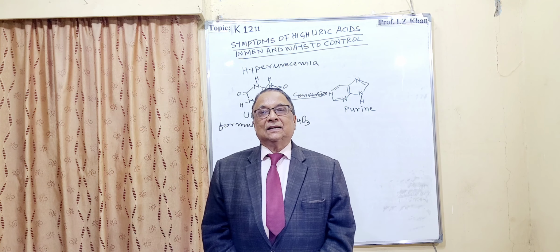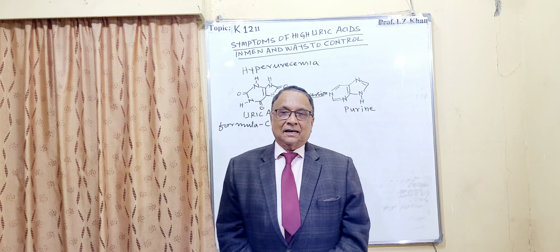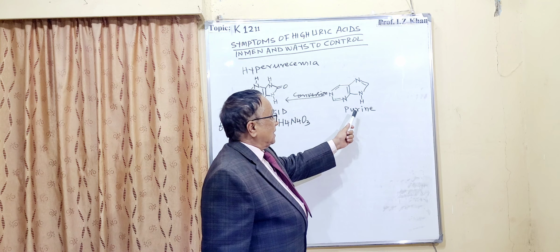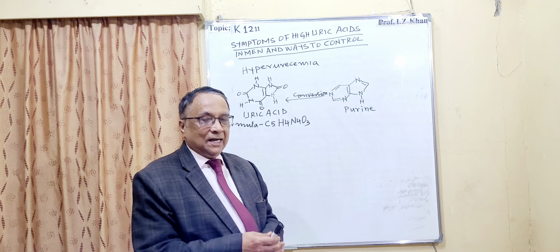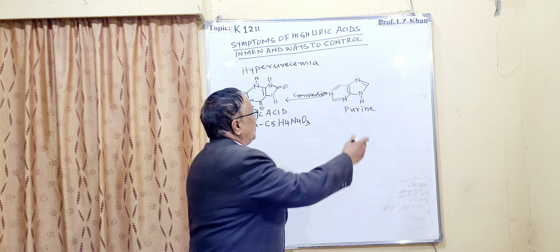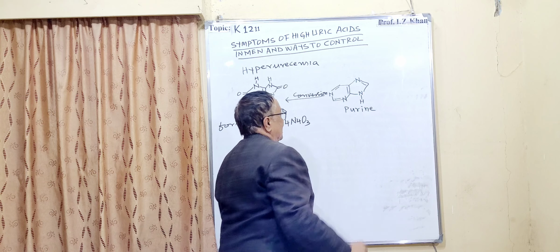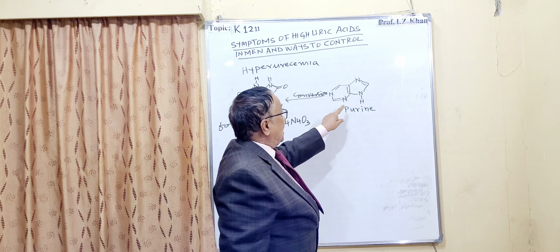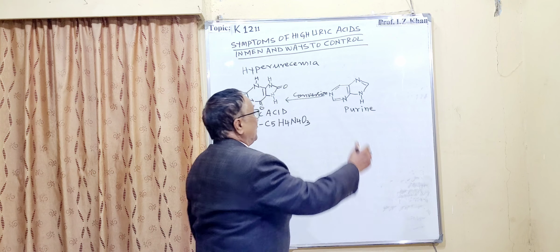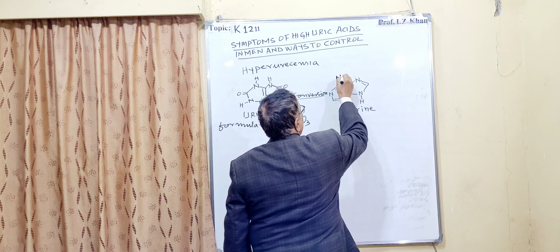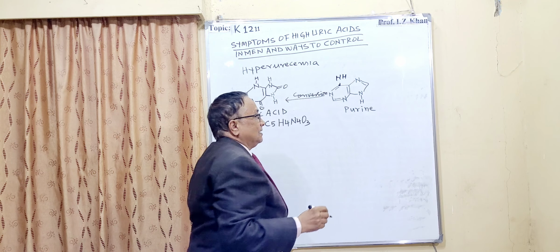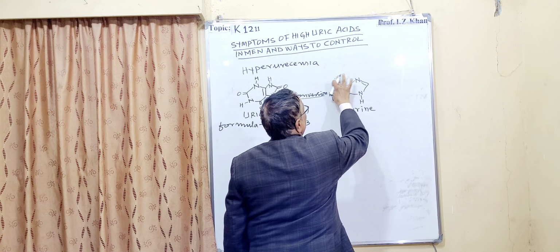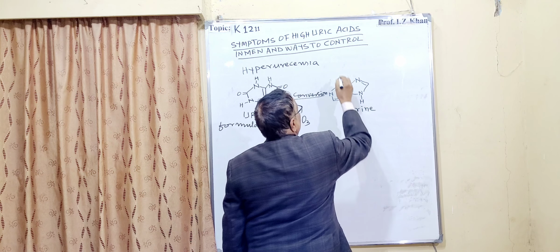Purine is the compound that is present in the food material, and the interesting thing is that it is the combination of a 5-membered and a 6-membered ring, condensed together with 4 nitrogen, and if here one NH is put, then it is called adenine. And once this one is oxygen, then it is called guanine.